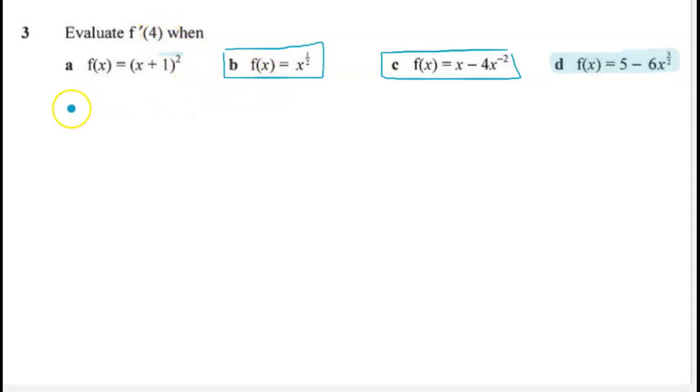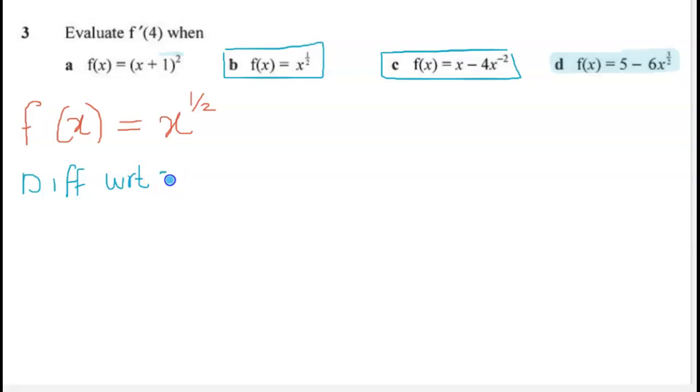Now to do the first one, let's say f of x equals x to the power half. Sorry, f of x, not f dash. Now if I differentiate with respect to x, I will get this side as f dash x, and on this side I will have d over dx of x to the half.